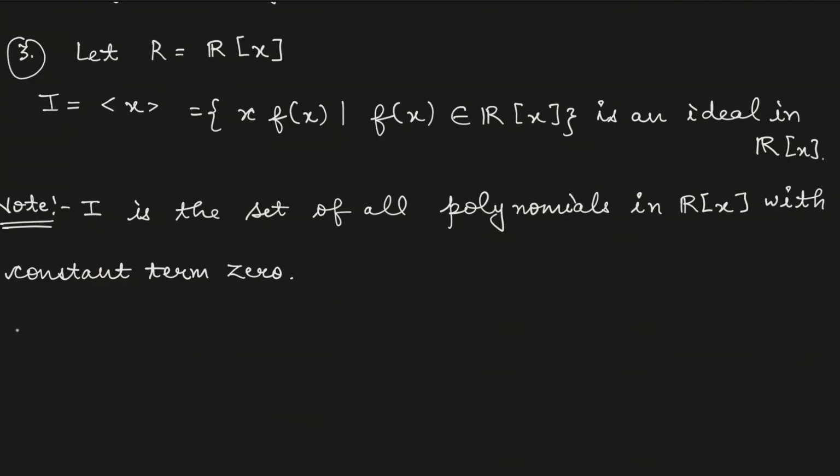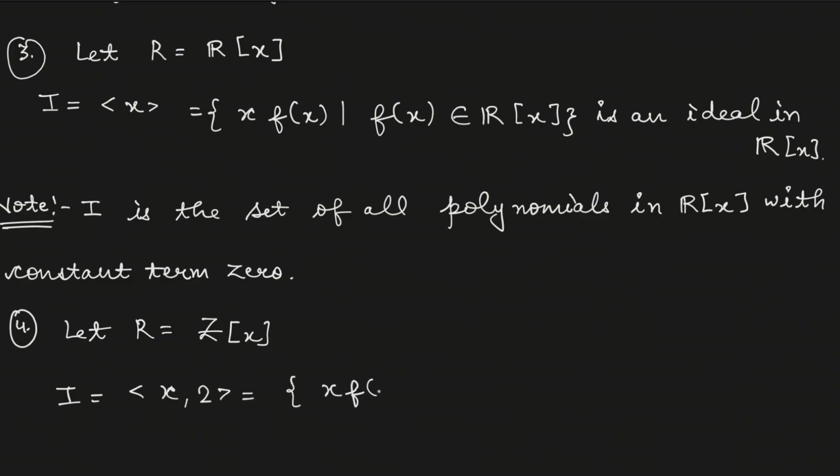Fourth example, let R is equal to Z[x], I is equal to generated by x comma 2. So this will be like this, x times f(x) plus 2 times g(x), where this f(x) and g(x) belong to polynomial ring Z[x].